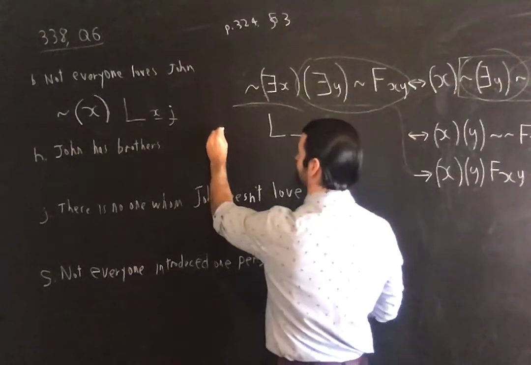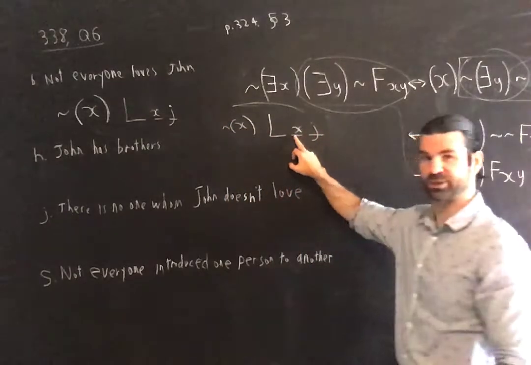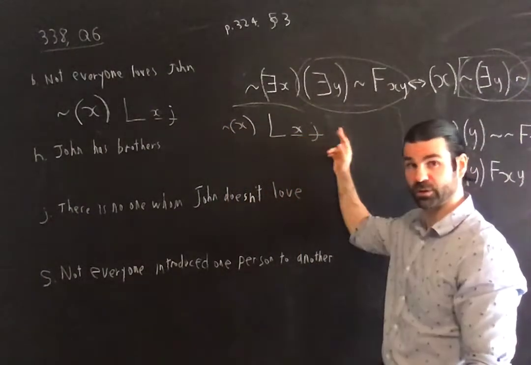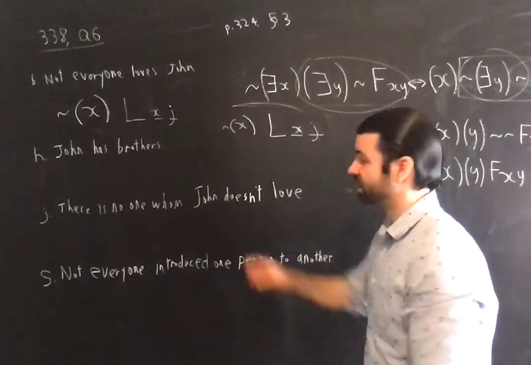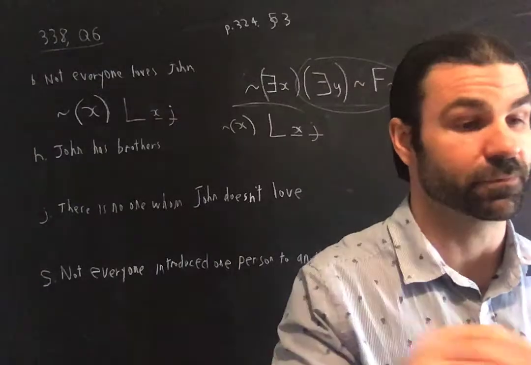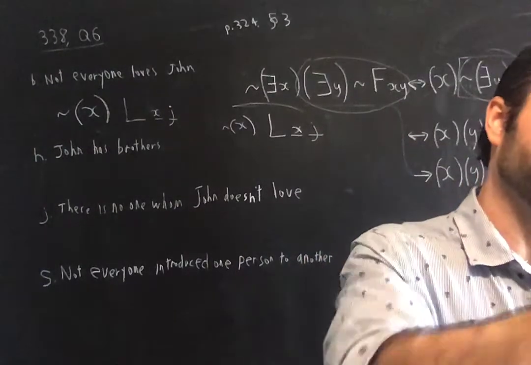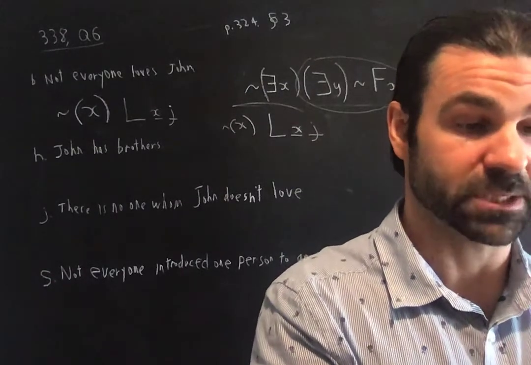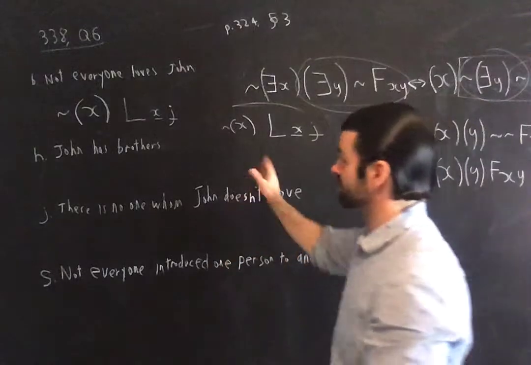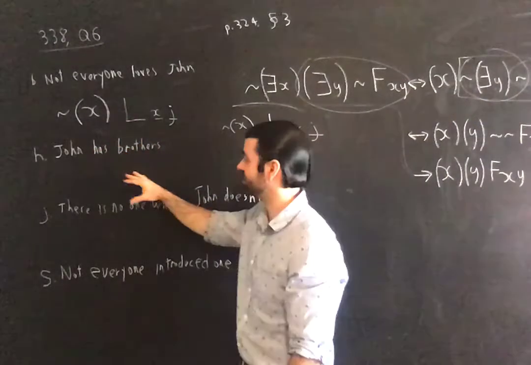Not everyone loves John, so it's going to be, not everyone is in the position of lover of John. Slightly against her advice because of her words on page 325: you should first isolate the basic form of the sentence. Here it is determined as a negated universal, which is what it is.